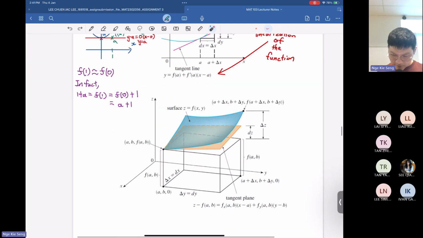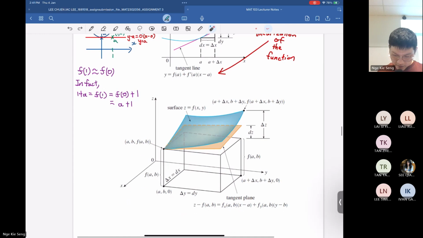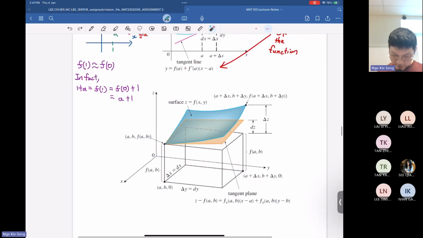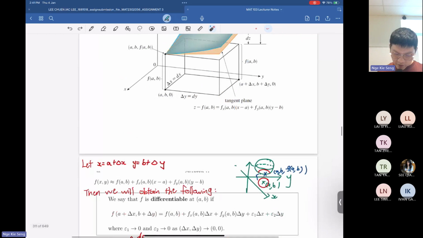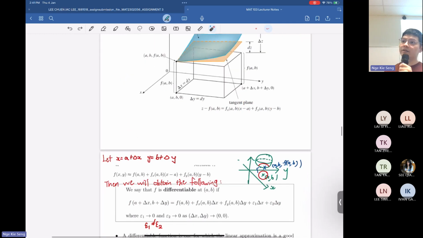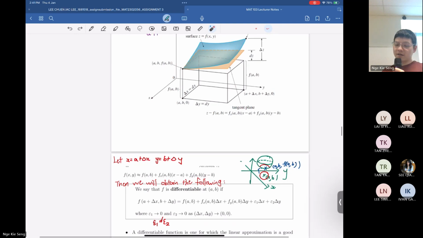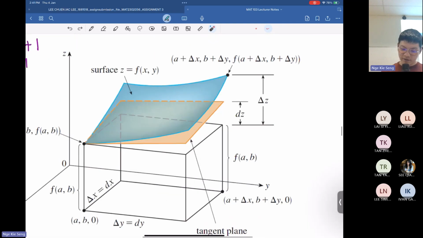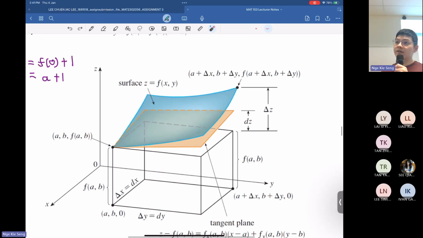Let me see here. A little bit different. Wait, so where did you see the delta Z with respect to fx and fy? Because initially I thought you were talking about this delta Z. Where do you see the statement? Next page.